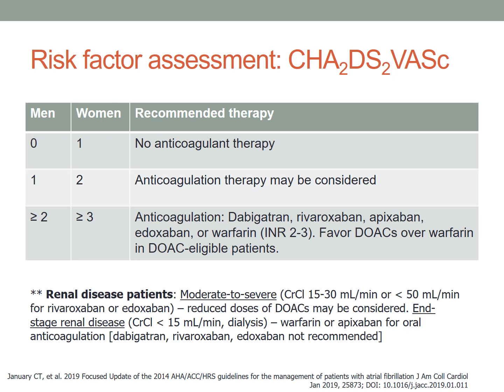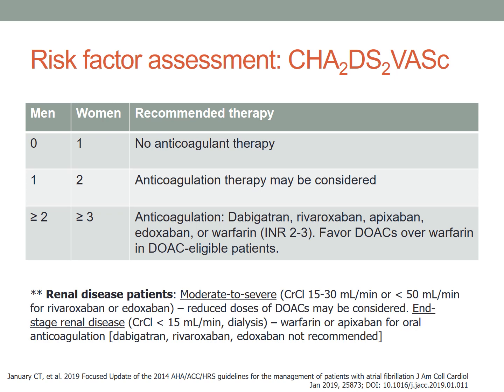It's important to note that for patients who have renal disease, so moderate to severe, and the guidelines categorize moderate to severe renal disease based on creatinine clearance, or end stage renal disease, either less than 15 mL a minute creatinine clearance or on dialysis, there are some further more specific recommendations.